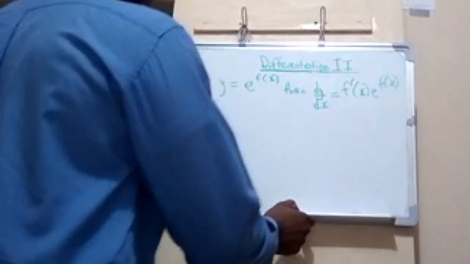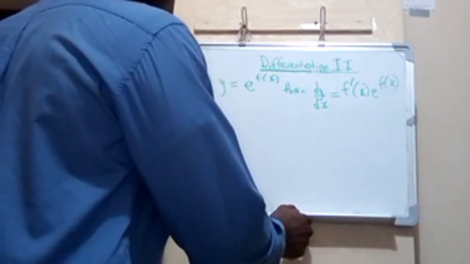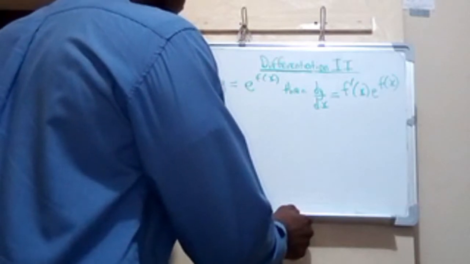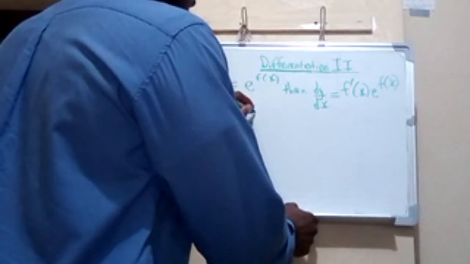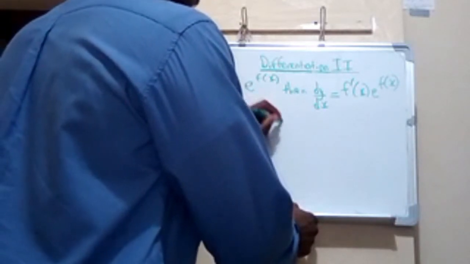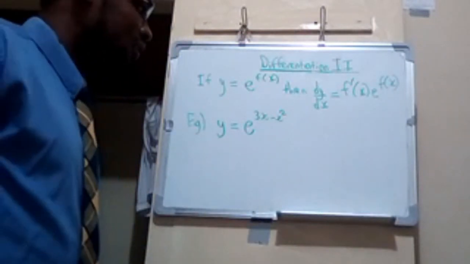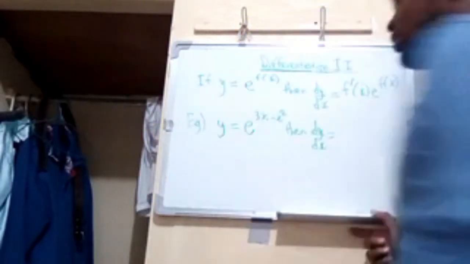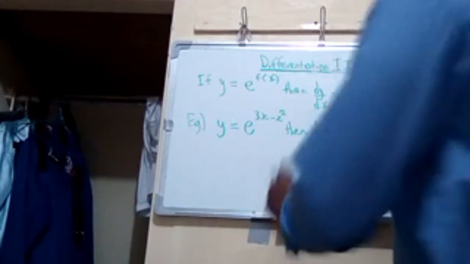Example, let's say y is equal to e to the 3x minus x squared. If y is equal to e to the 3x minus x squared, then dy by dx is equal to, how do we differentiate 3x minus x squared?